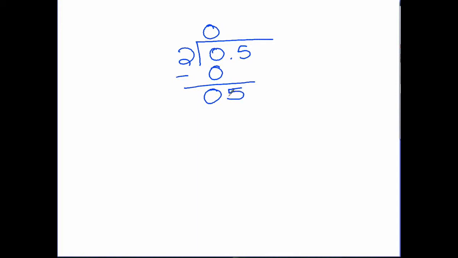Now, don't write down what I write, because I want to show you what happens when you don't check. I'm showing you a common mistake people make. So I'm going to say 2 goes into 5 one time. 1 times 2 is 2.